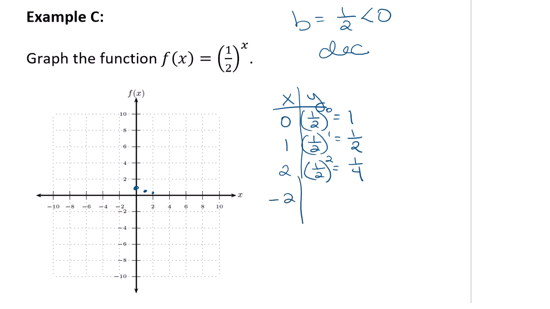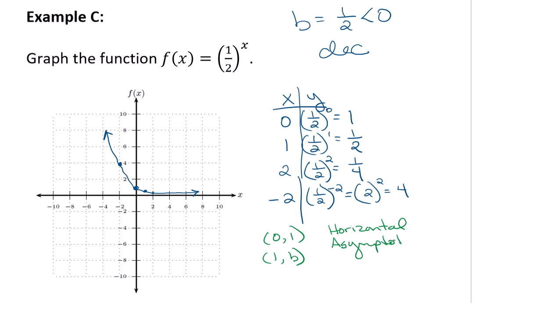And let's do -2. Remember, negative means reciprocal. So our graph looks something like that. Again, we still have the point 0, 1, the point 1 and its base. In this case, that was 1/2. And horizontal asymptote at y equals 0.